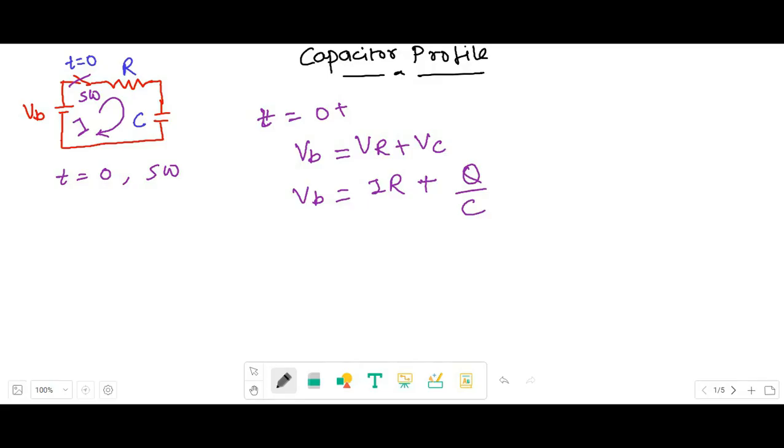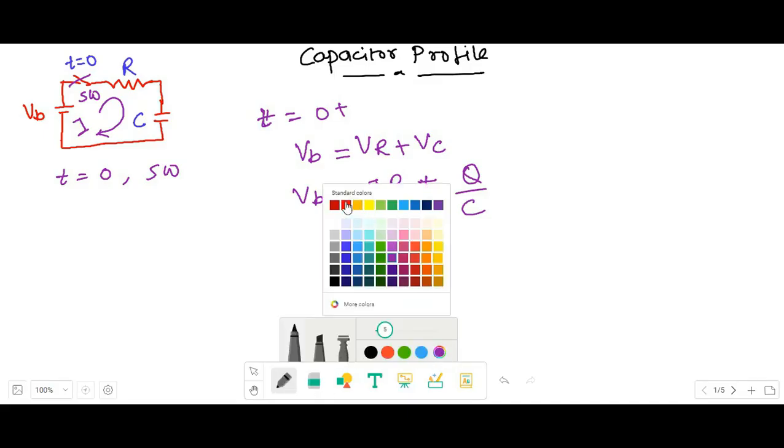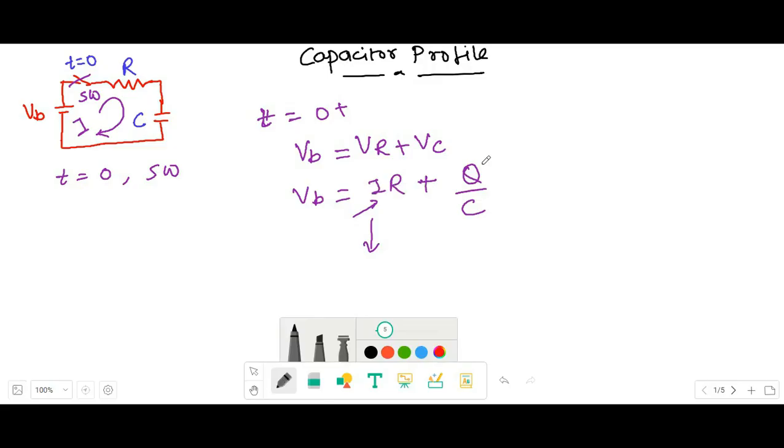As charging progresses, the value of I is going to be reduced. The current decreases and the charge increases. So the value of Q is going to increase and I is going to decrease.